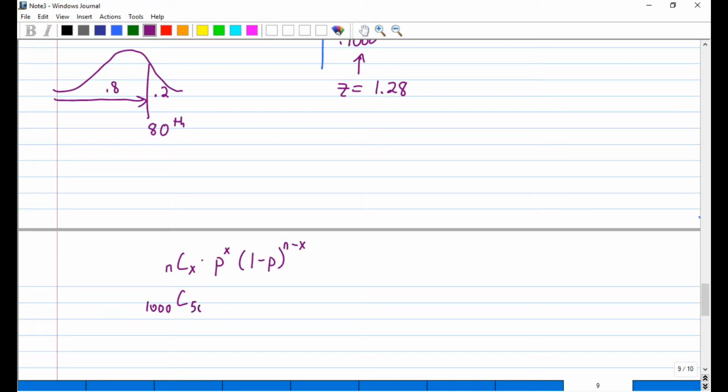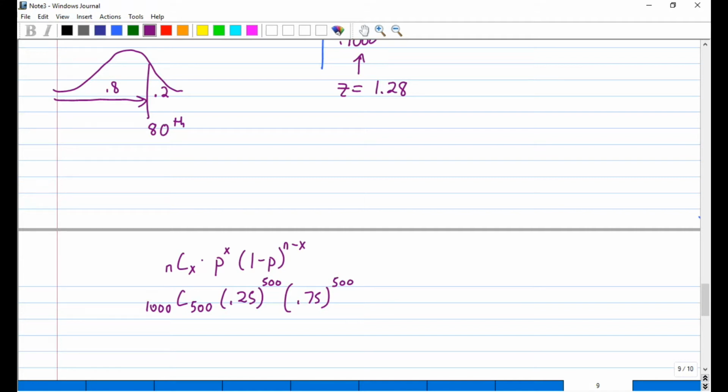And if x was equal to 500, and say the probability of success was 0.25, that would mean I would have to take 0.25 and raise it to the 500th power. And then I'd have to say 1 minus p, that would be 0.75 to the n minus x, so that would be to the 500th power. That would take a very long time to do. I mean, just look at it. It would probably take you hours and hours and hours, and that's if you're really good and make no mistakes.